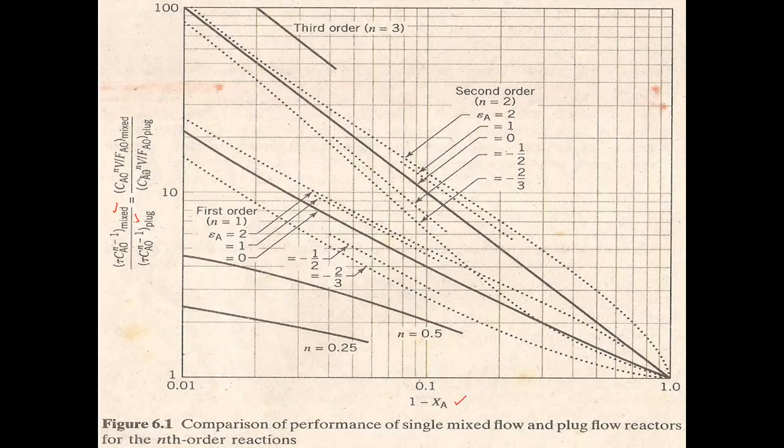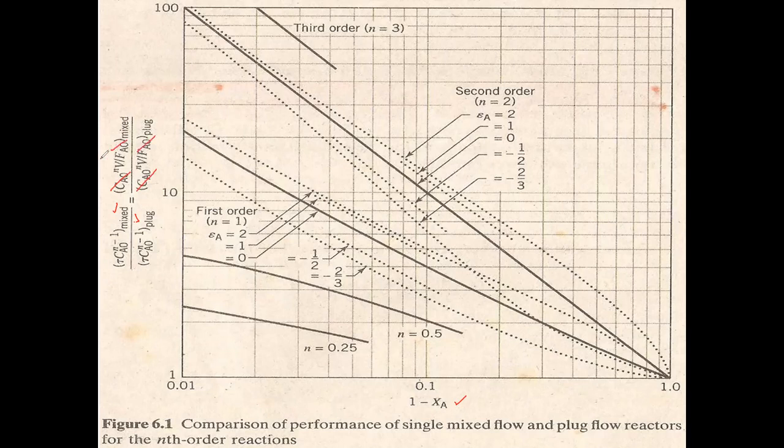Now, you may ask me, what about the CaO here, and the FaO? When we're talking of the same reaction, of course, the CaO for the mixed flow and the CaO for the plug flow will just be the same. So you take it out of there. Of course, their molar feed rates would be the same, because we're talking about the same system.